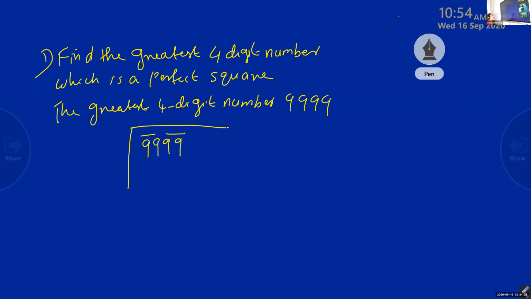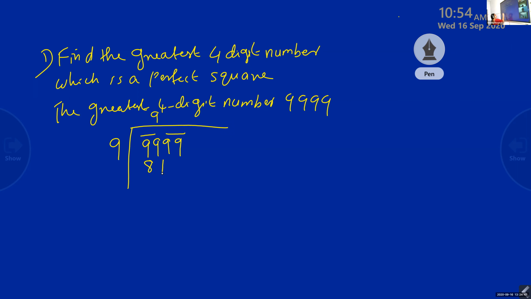Find the first quotient and first divisor. The first quotient is 9.